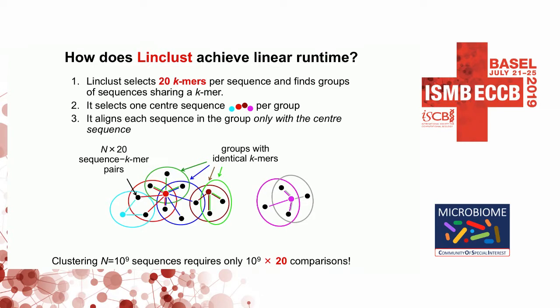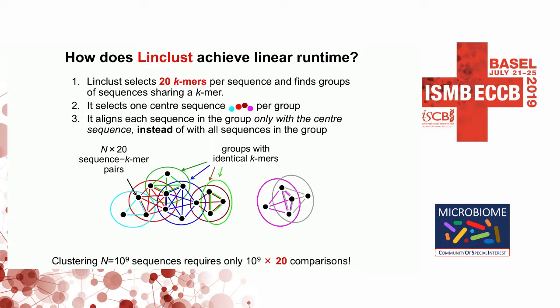So we do these comparisons, and because there are just n times 20 of these dots here, these are the k-mers in each of the sequences, because there are just n times 20 dots, and you just have one alignment per dot at maximum. You just need n times 20 alignments to check whether these sequences are actually similar enough to keep this edge. So then what you don't do is you don't compare everybody with everybody.